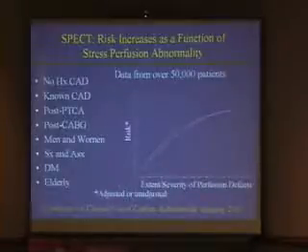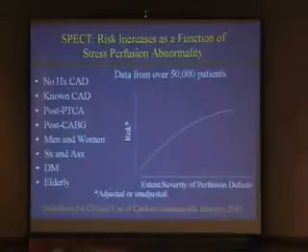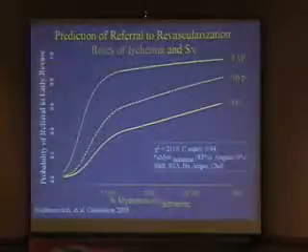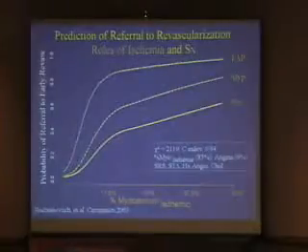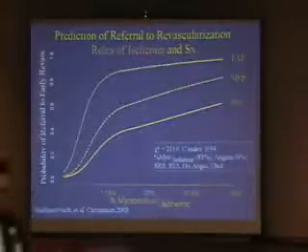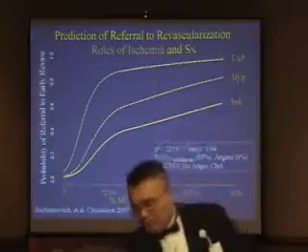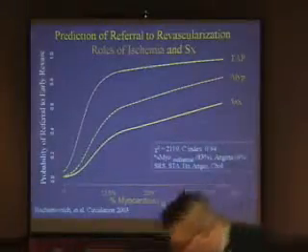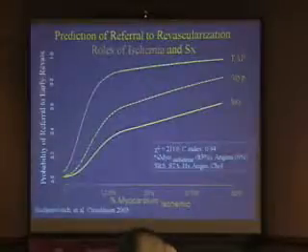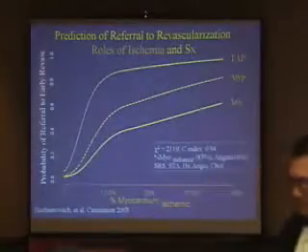We can define those patients who are at need for consideration of revascularization in a broad spectrum of patients. And by virtue of the fact that we can image ischemia, or how much myocardium is reversibly ischemic with stress, we have an opportunity to predict who might benefit from a revascularization procedure.